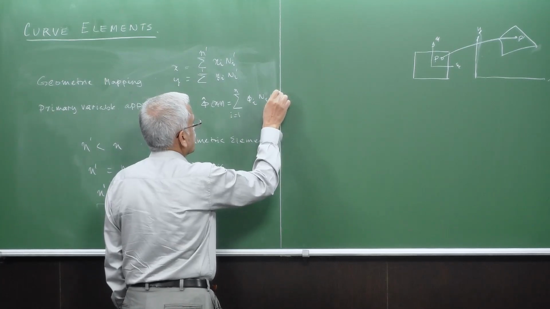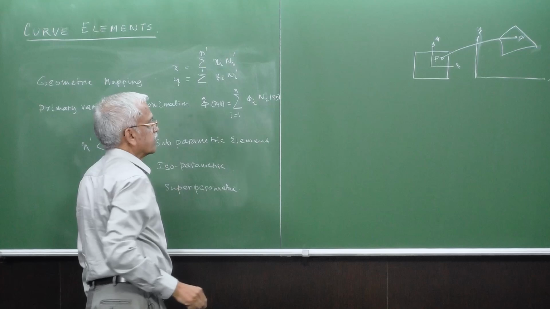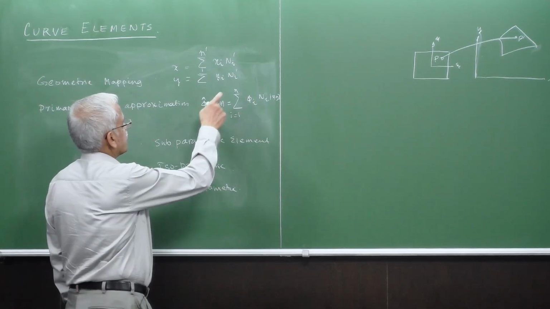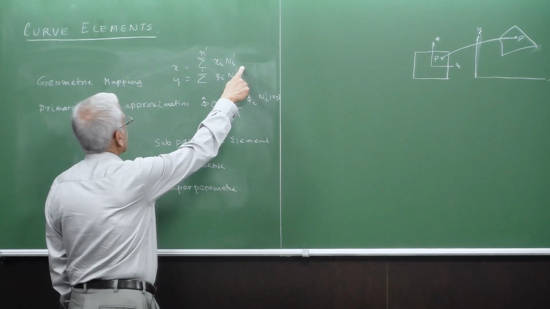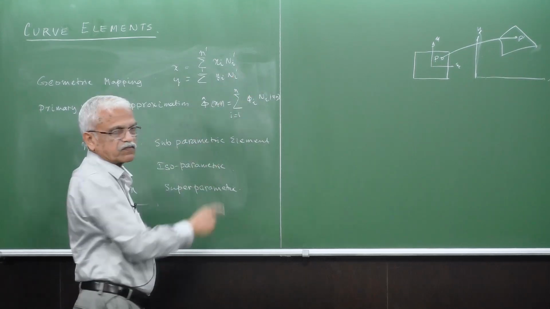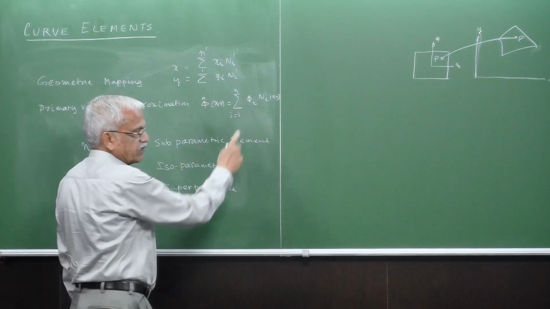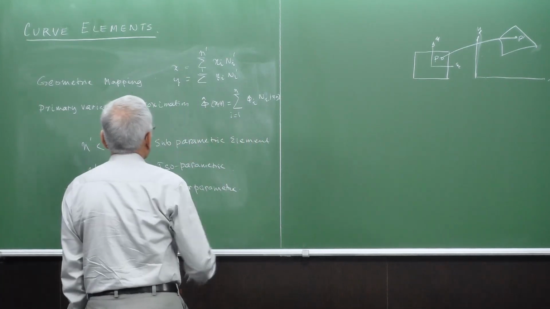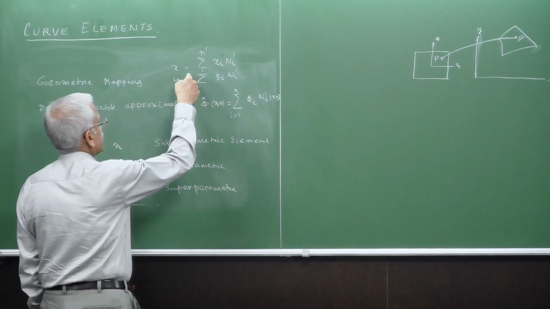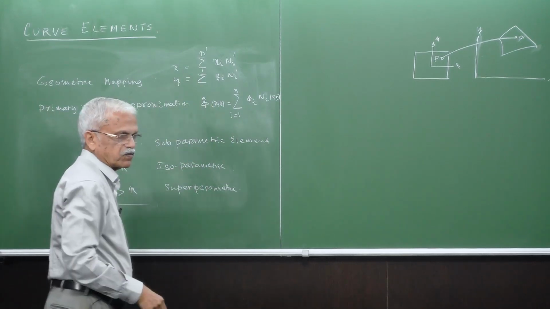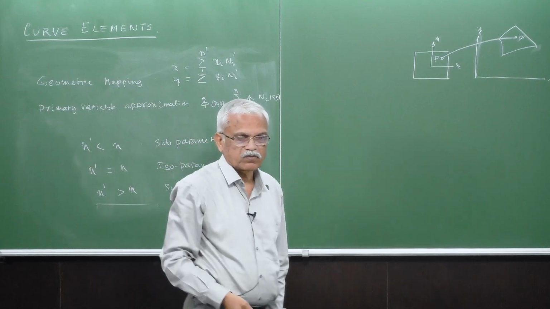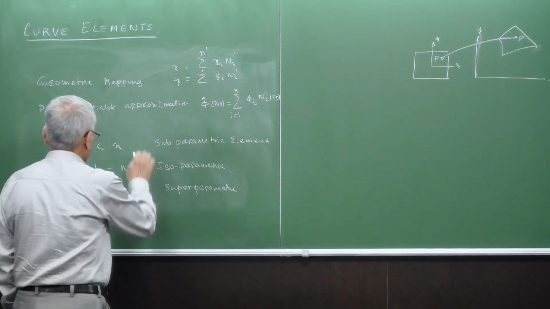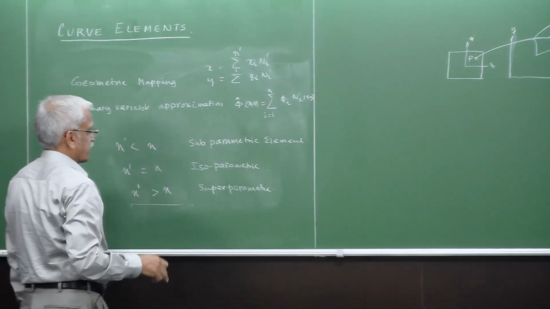Only thing, we said that the shape functions here and here need not be the same. You may use four shape functions for geometric mapping and 8 for the primary variable, or even the reverse, 8 here and 4 here, or even 4 and 4. So all possibilities are there, and depending upon that, we classified the element.